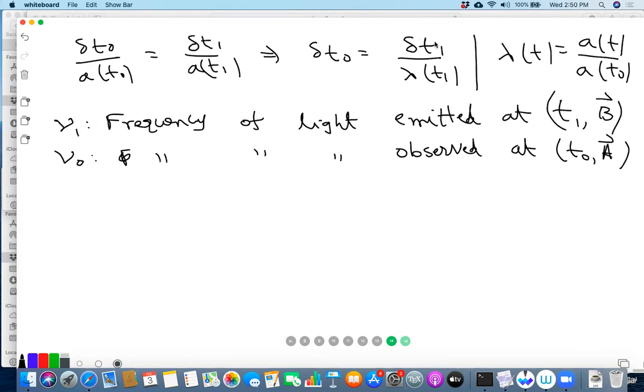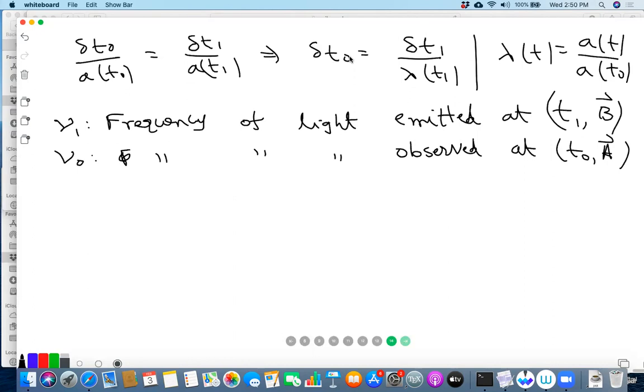Because if you think of a period, imagine that you have a light as a wave, and imagine that delta t1 is the difference in time between two successive peaks. This is what is emitted, and similarly this is the difference in time between two successive peaks that you observe. This is what you observe.